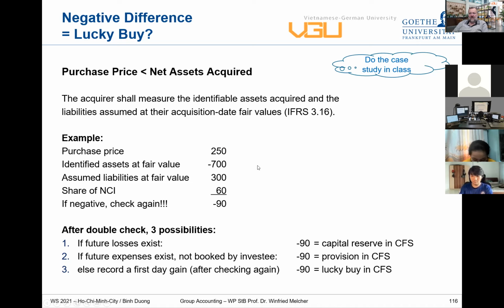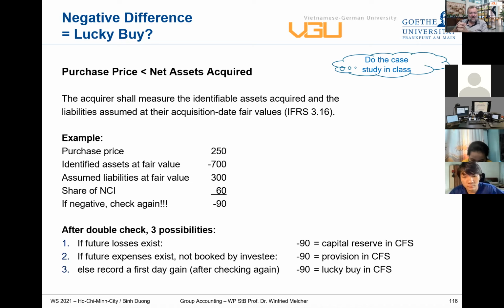So when you make the math, is that right? So 250 minus 700 plus 300 equals minus 150. So minus 150 plus 60 is a negative difference of 90.